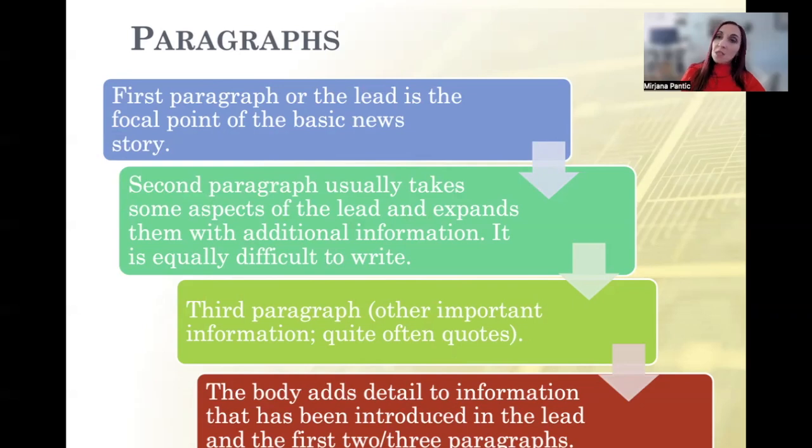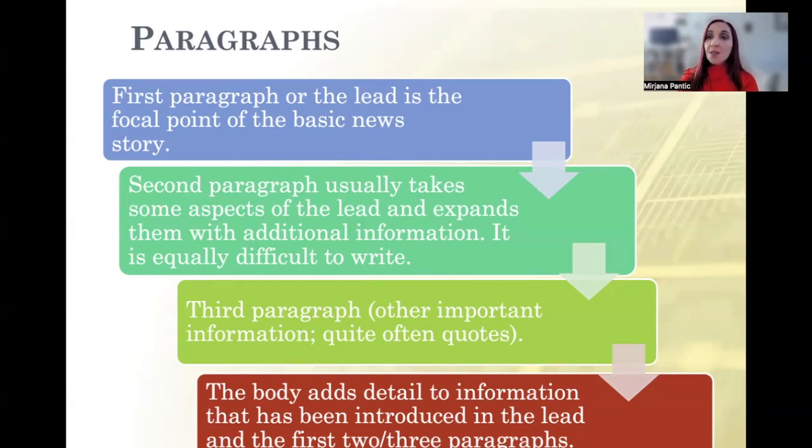Quite often, this is where you will have quotes. Let's say President Donald Trump announced something, and in the second paragraph, you might provide some context, like why he announced what he announced. It is likely that in the third paragraph, you will simply use a quotation that you obtained at the press conference that President Trump held.